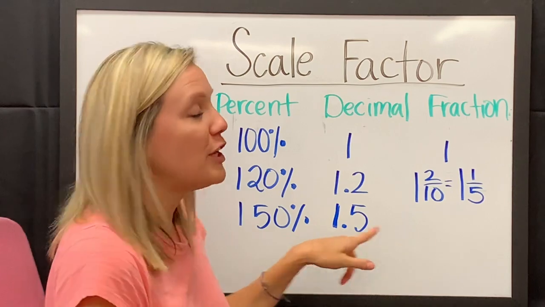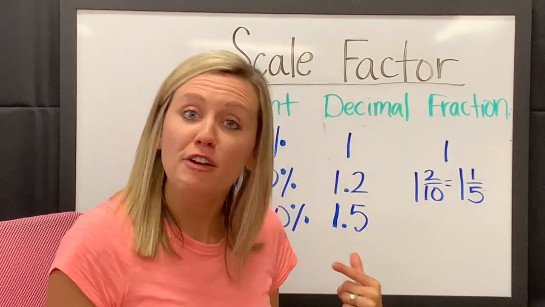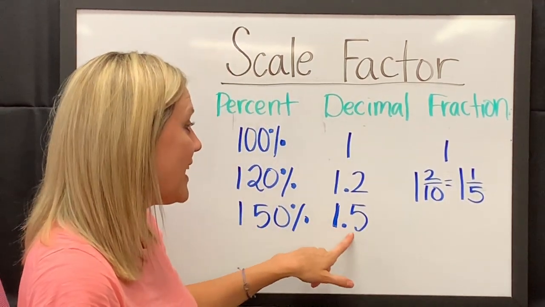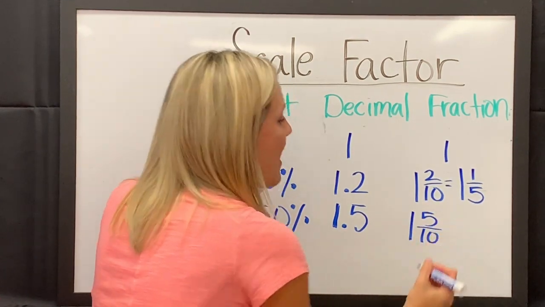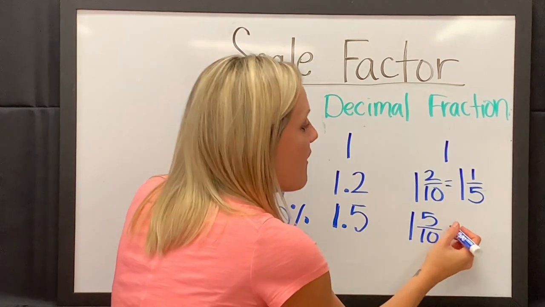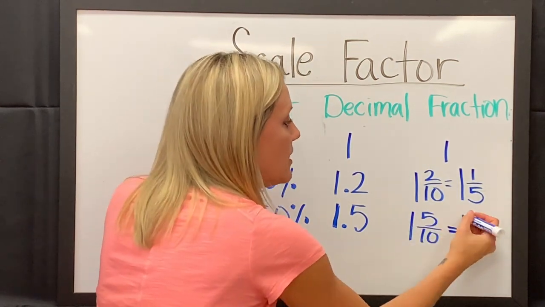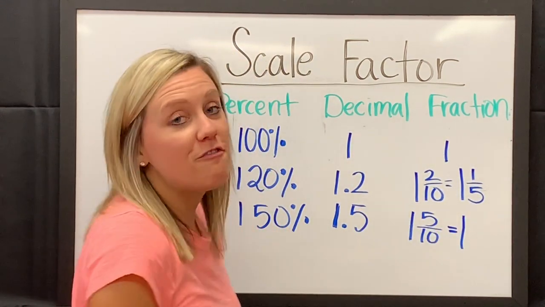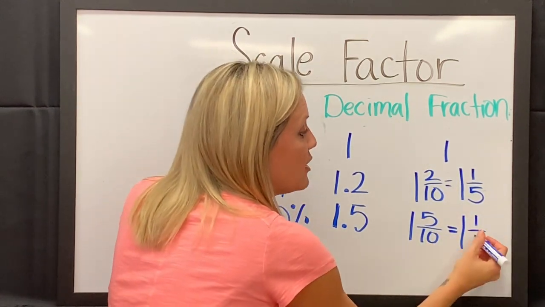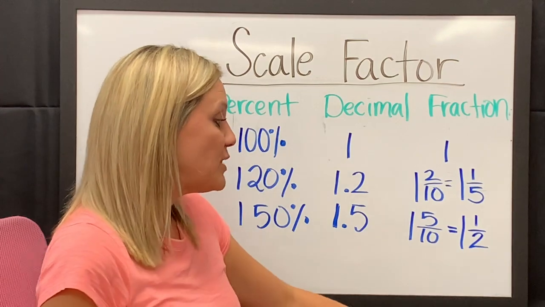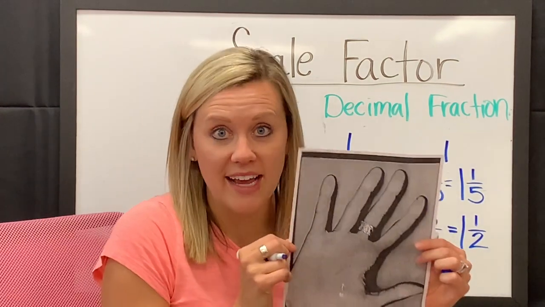And you might already know what this is like as a fraction, but if you don't, we can write 1 5/10. And then this reduces because 5 goes into both of these numbers. I still have my 1 whole. And then 5 goes into 5 once, and 5 goes into 10 twice. So this would be a dilation of 1 1/2.